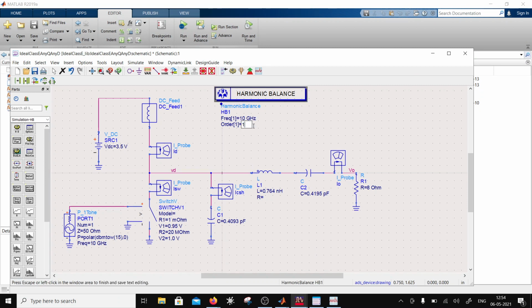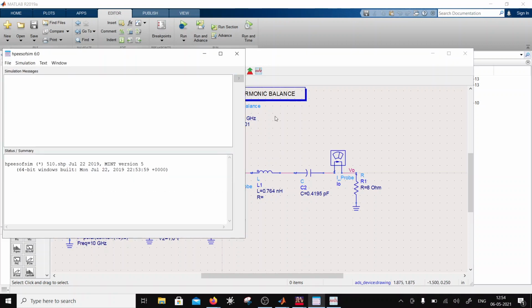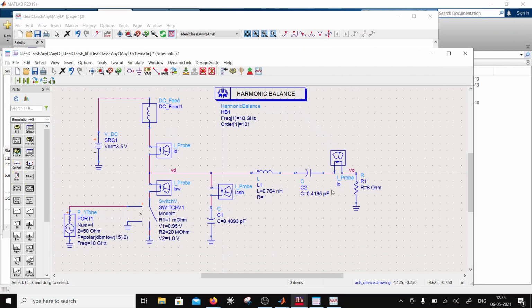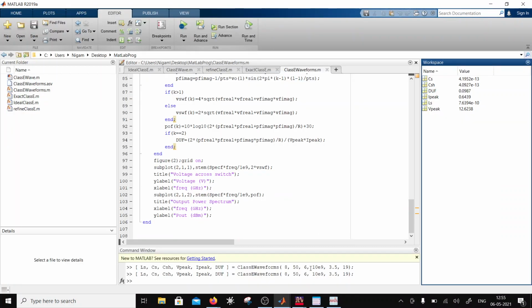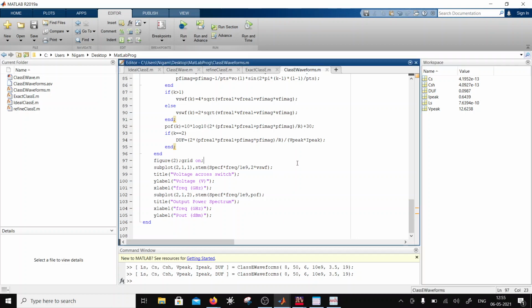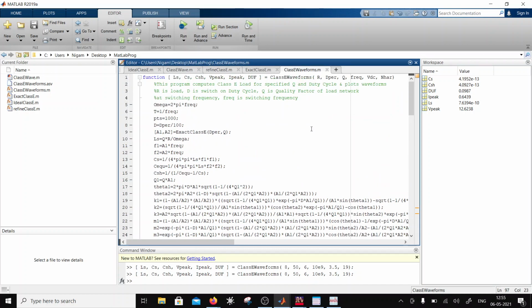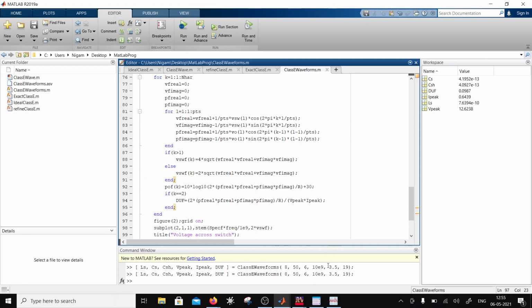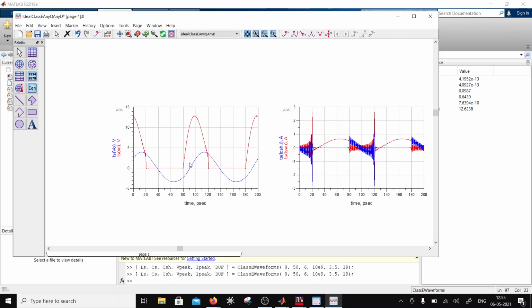So let's say for argument's sake 101, a large number. Okay, so basically why is there this thing here? Let's see if there is something wrong here. We designed for 8 ohm, isn't it? So R, DPR, Q, frequency, VDC, NHR. Okay, so 50% duty cycle.